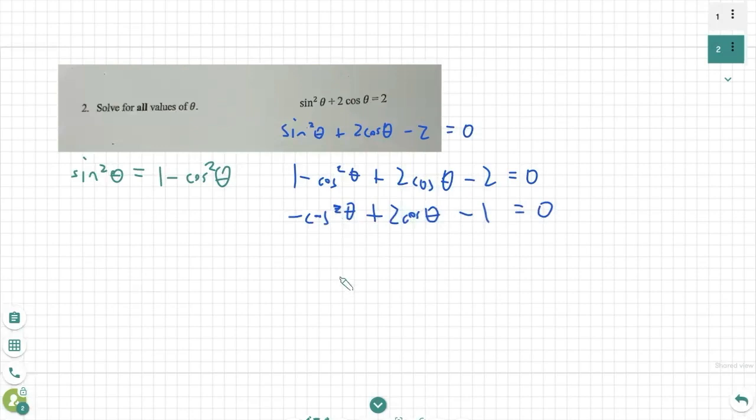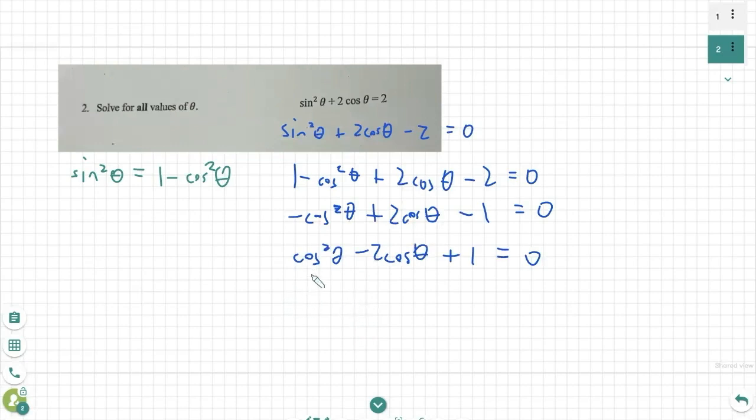So then what can you do from here? So you're saying flip it to the other side. Oh, so basically just change all the signs. So 0 equals cosine squared theta minus 2 cosine theta plus 1. What's next? So then we factor.